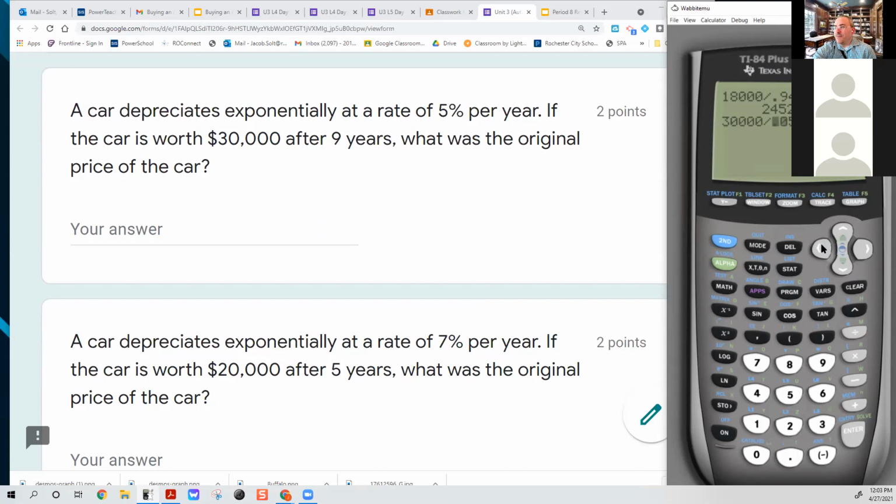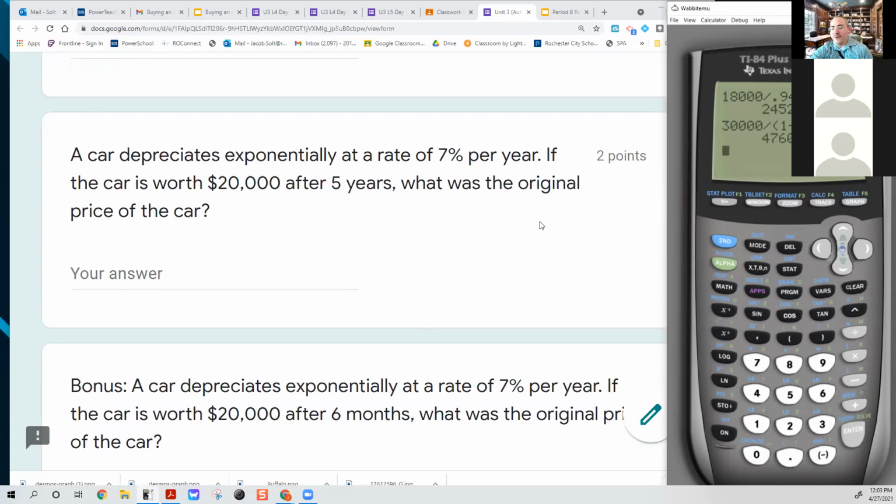So it'd be 0.95, or you can just do parentheses 1 minus 0.05. I do that easily enough in my head. I would call that 0.95, and I raise it to the power of 9 because I have 9 years in my problem. So originally, this car must have been worth $47,600. $47,600 would be the original price.